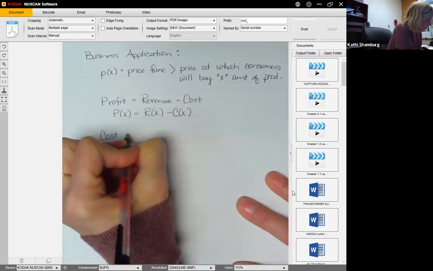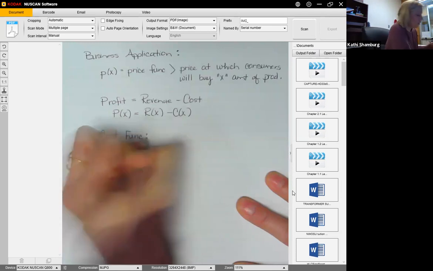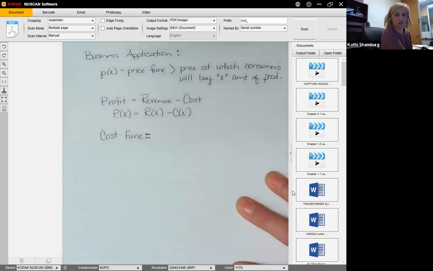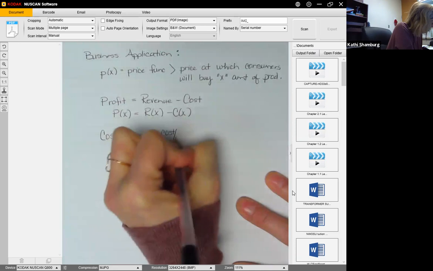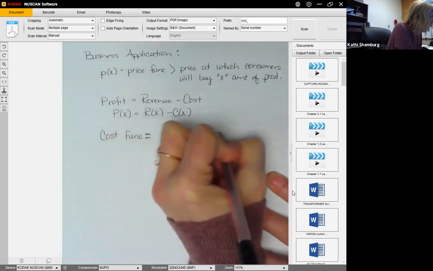Previously, our cost function was given to us, but now we're going to be given information and you have to create the cost function, which is going to be equal to the cost per unit plus any fixed costs.